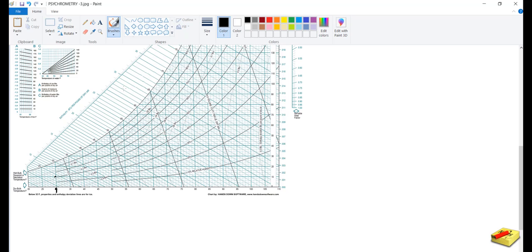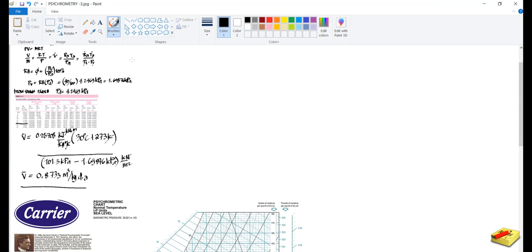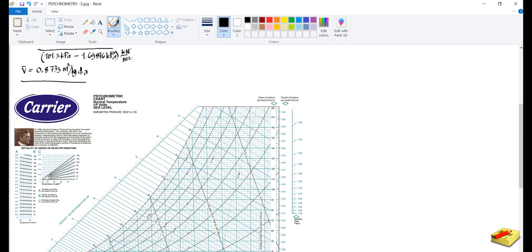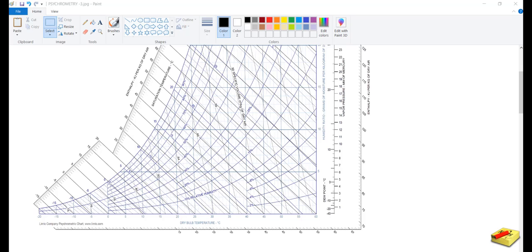So if we're using the wet bulb, that is in cubic feet of dry air. So we're using a different psychrometric chart here. I'm using this one.